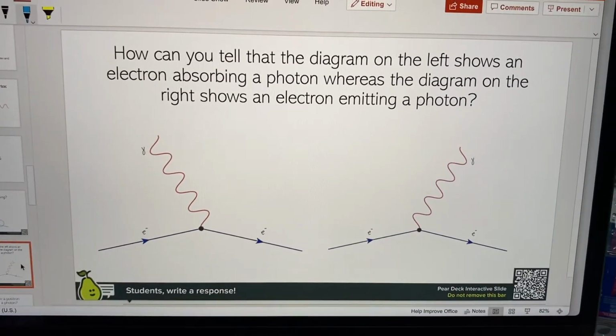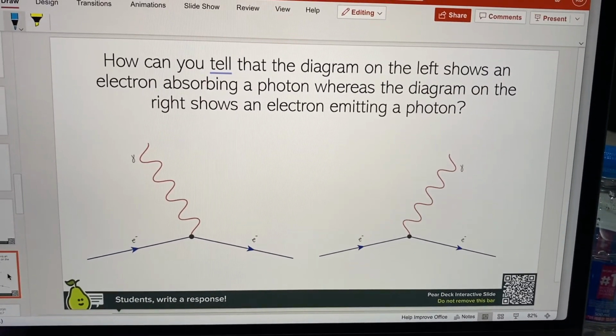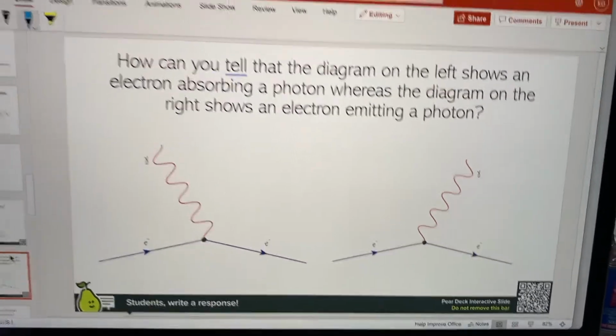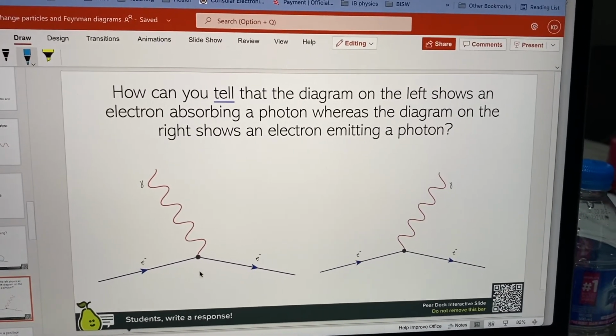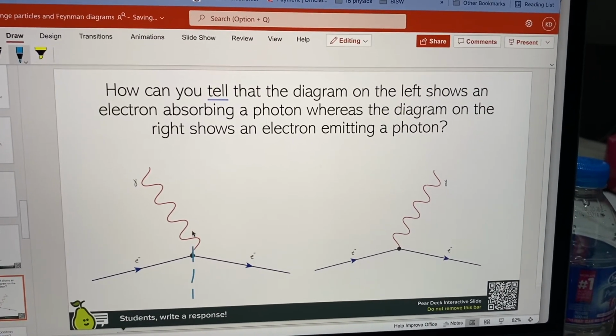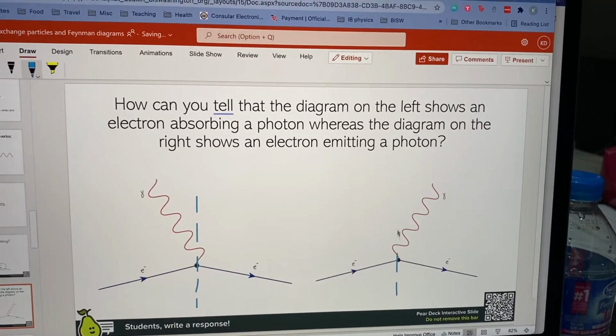How can you tell that the diagram on the left shows an electron absorbing a photon, whereas the diagram on the right shows it emitting? It's a similar thing. So again, if I'm drawing, this is an instant in time. Sorry for my very dodgy, quick dotted lines.